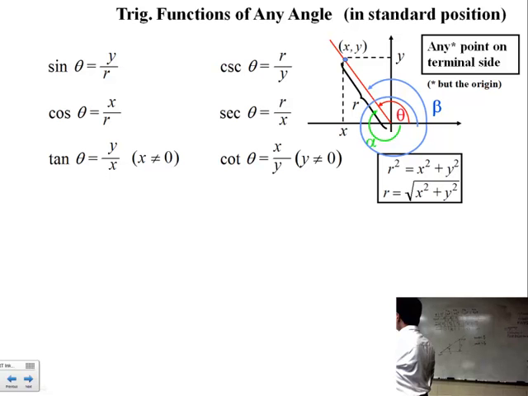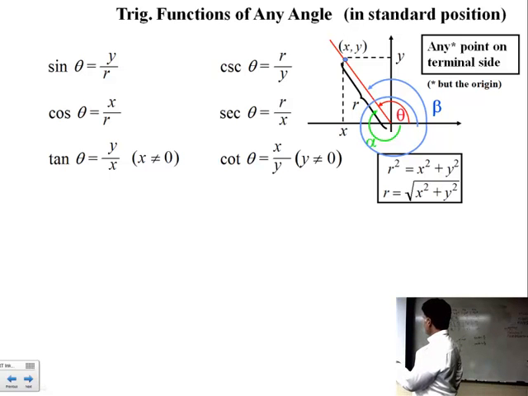So sine of theta is y over r, cosine of theta is x over r, and then we can get the other four just using the trig identities. So tangent of theta is y over x, and it's only defined if x is not 0. Cosecant of theta is the reciprocal of sine theta, so it's r over y. Secant is r over x, and cotangent is x over y. And of course, these might be infinity if the denominators are 0.